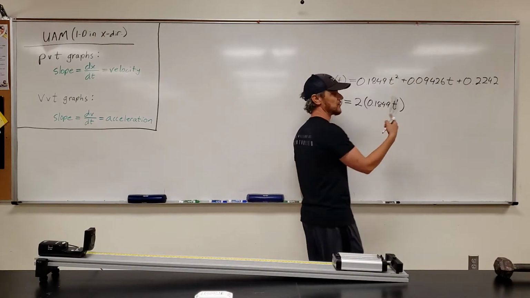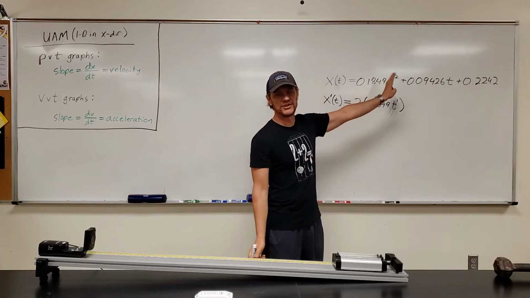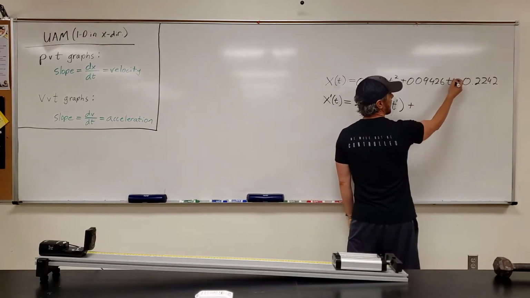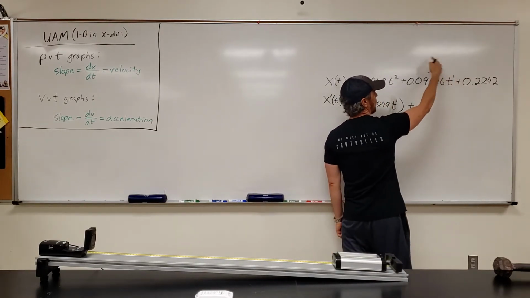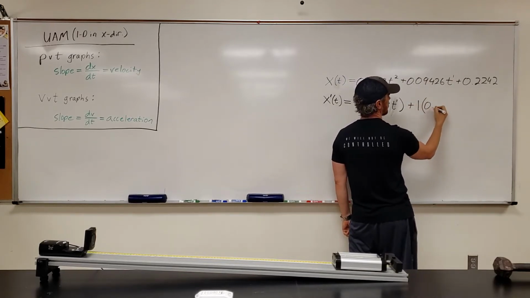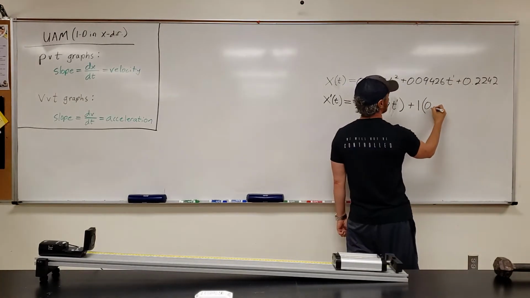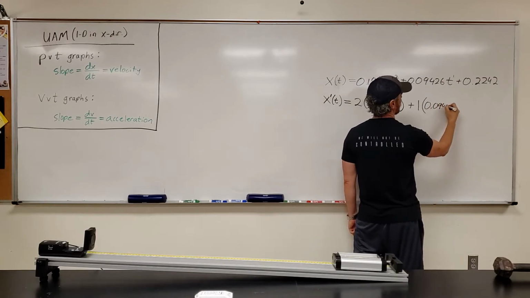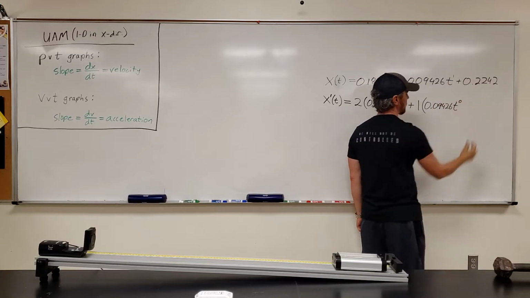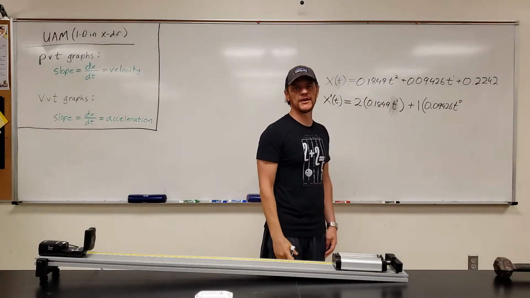And then, using our sum and difference rule, we'll just do the derivative of the next term in the equation. This is technically t to the 1 power, so I bring the 1 down in front, times the coefficient here, that's the constant multiple rule, times 0.09426, times t to the 0 power. T to the 0 power, we all know, is just 1.